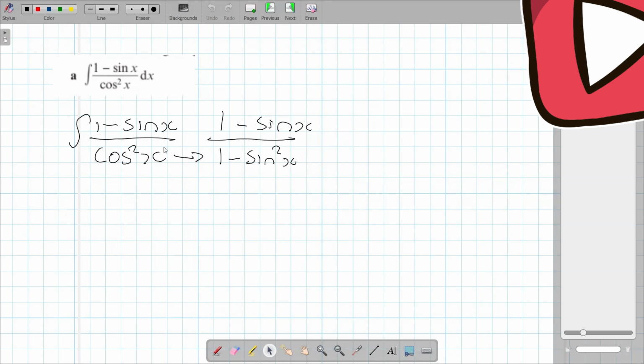So 1 minus sine x will be cancelled. Can you cancel just everything? No, what's just left? It's 1 over 1 plus sine x. Now, oh yeah. Wait, minus, shouldn't it?